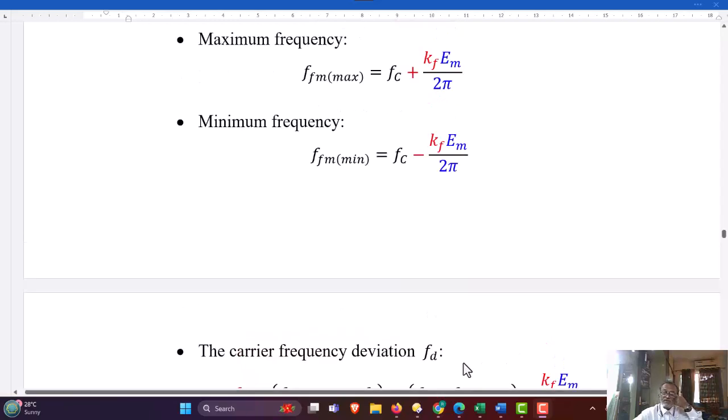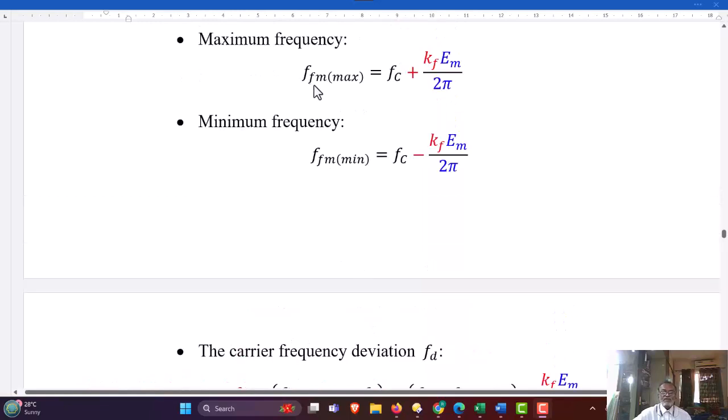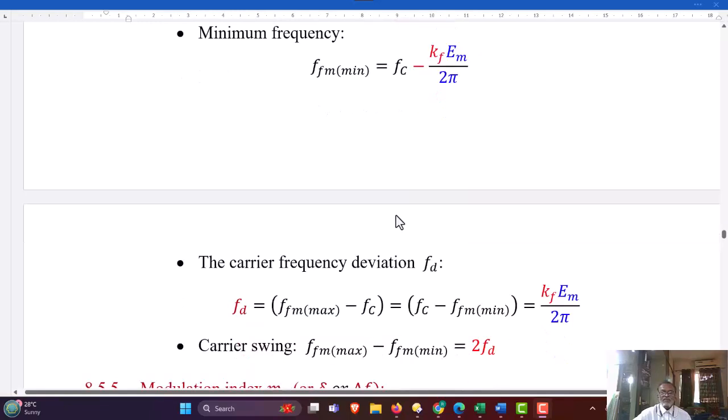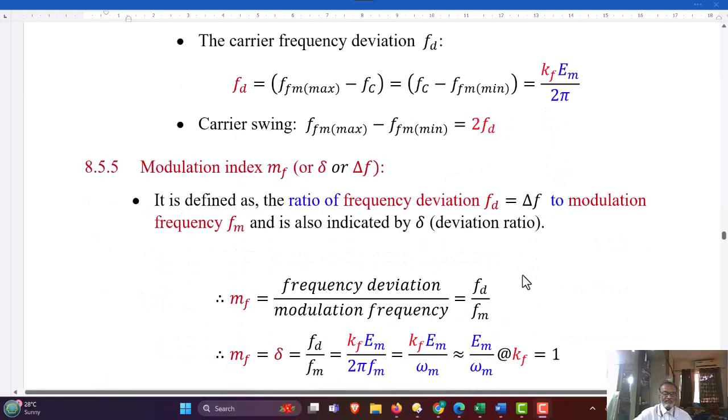So whenever you subtract or add fc in these expressions of f FM max or f FM minimum, you will get the factor kf into Em by 2 pi as the frequency deviation. As we know, the frequency is now changed from maximum value to minimum value, and therefore the total carrier frequency swing is twice the frequency deviation fd.